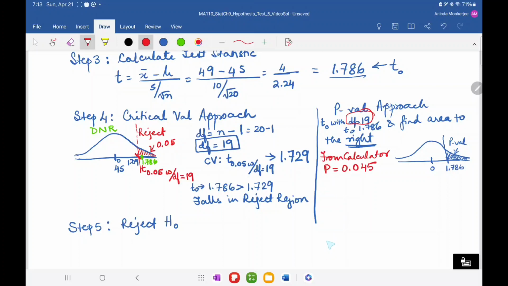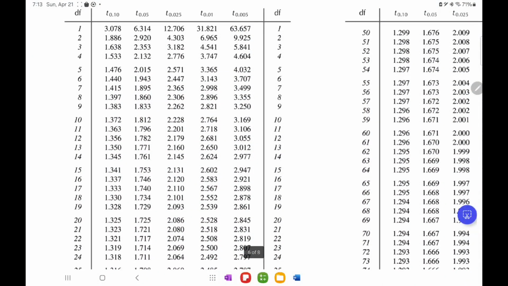Again, you cannot find the exact value from the table, but you should be able to get an estimate which should confirm that it's going to be around this value. So let's go there. 19, again we are looking up this row, and then it's 1.786. 1.786 is going to be a value between 1.729 and 2.093, correct?